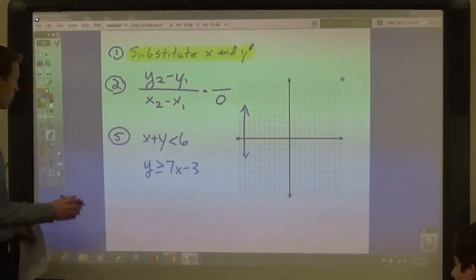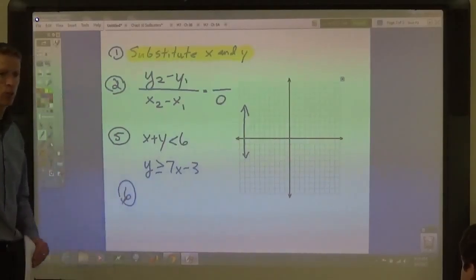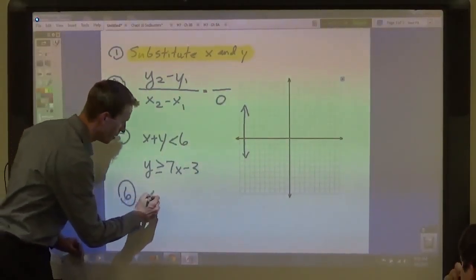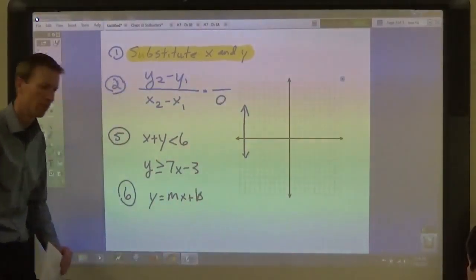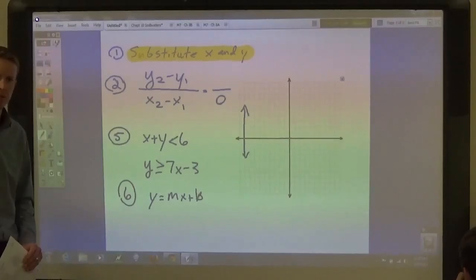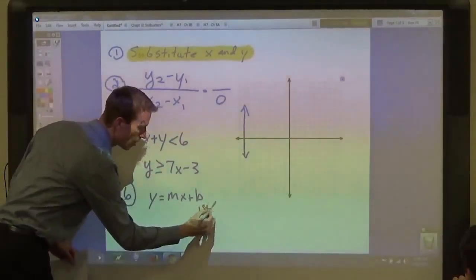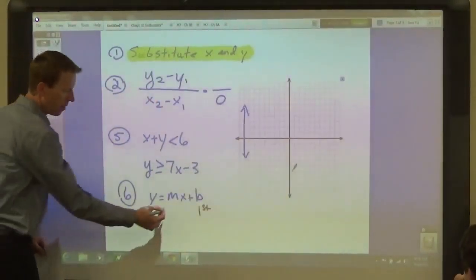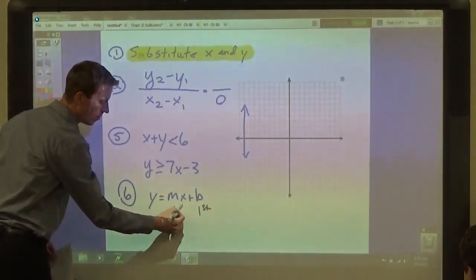Number 6. How do you graph number 6? What form is that equation in? It's in slope-intercept form. It's in y equals mx plus b form. Right? So, first, mark the b on there, and then mark the slope.